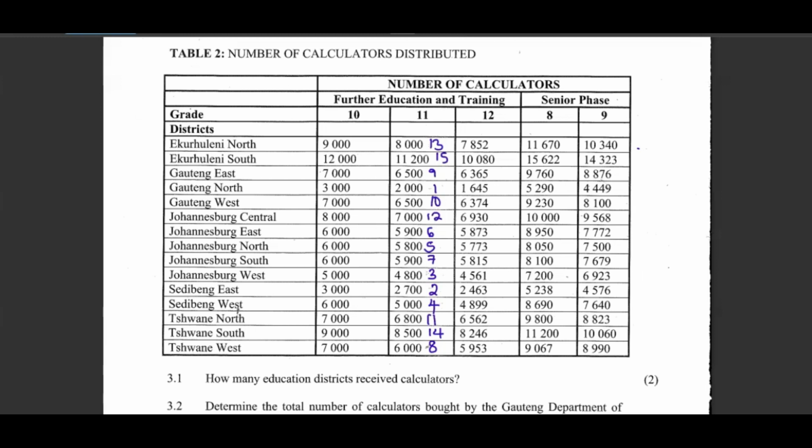Allow me to use the whiteboard. So the smallest value there is 2,000, followed by 2,700, followed by 4,800. We have 5,000. We have 5,800. 5,900. 5,900. Then we have 6,000.